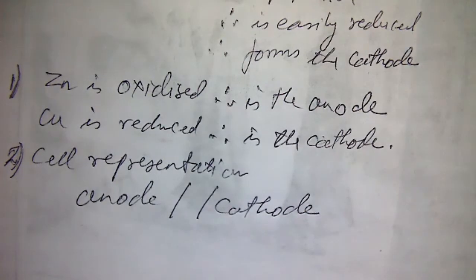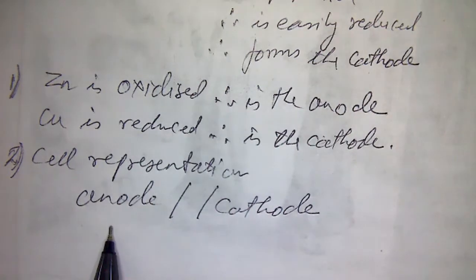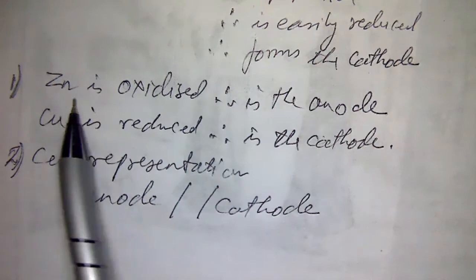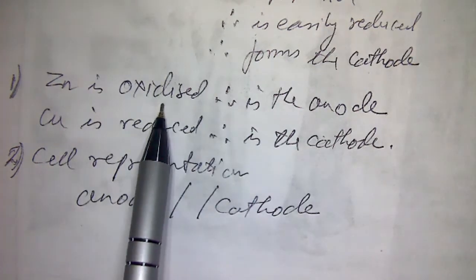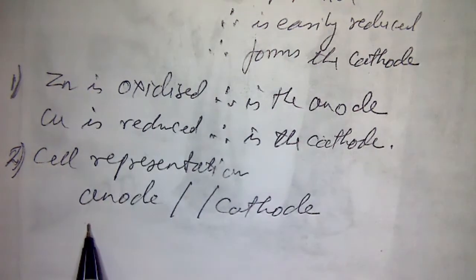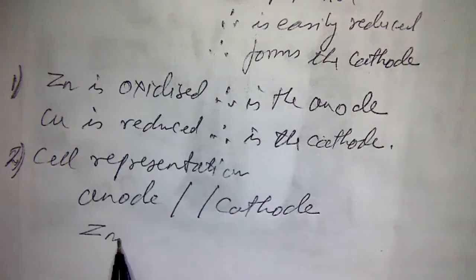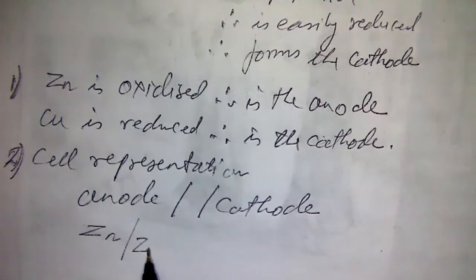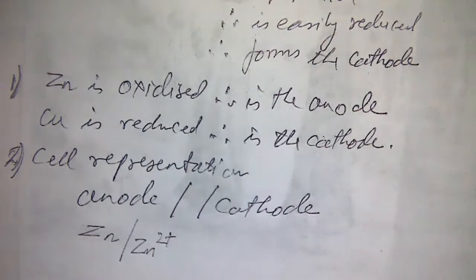Salt bridge details you don't have to write. What is the anode here? You have already written the anode is zinc, and zinc is oxidized. So since it is oxidized, what will I write down? Zn will become Zn2 plus.